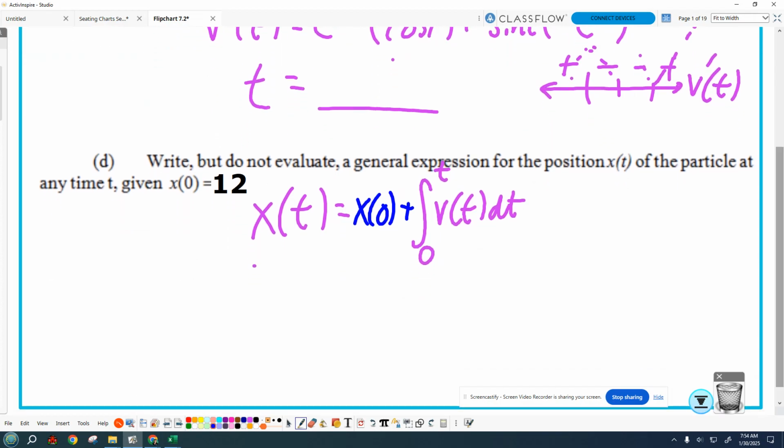Okay, I will get more and more into what AP expects. This is not enough. So I wrote x of 0 to be clear, what's the one spot that I know, add the amount of change.